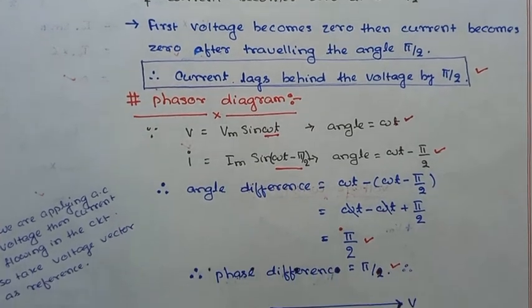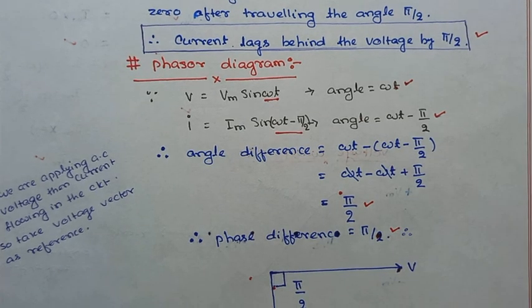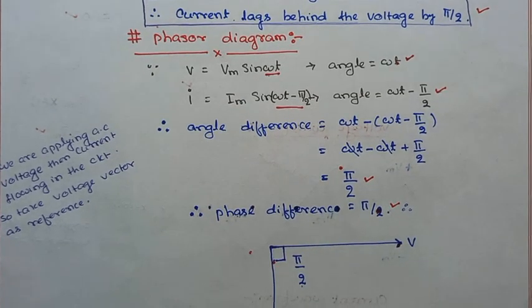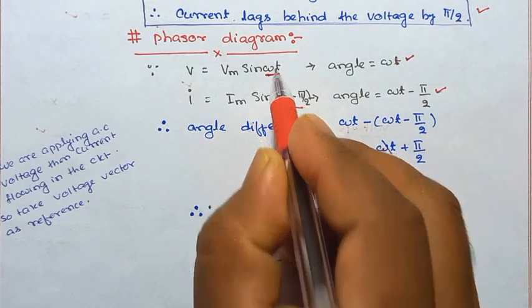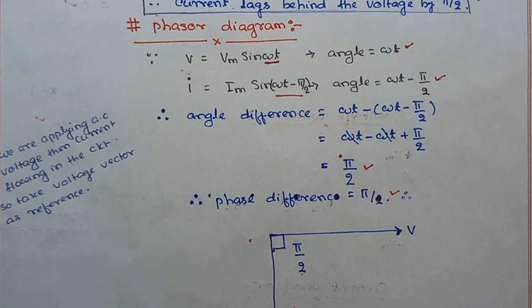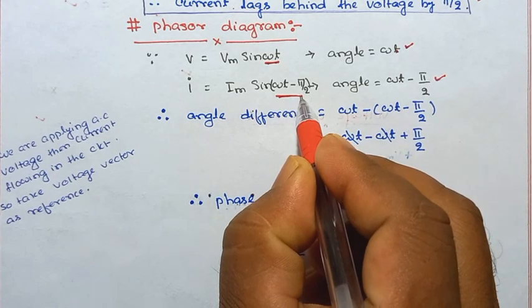Now we will see the phasor diagram. Now we will learn how to draw the phasor diagram. So we know that V is equal to Vm sin omega t. Here omega t is the angle, and I is equal to Im sin (omega t minus pi by 2). Here omega t minus pi by 2 is the angle.